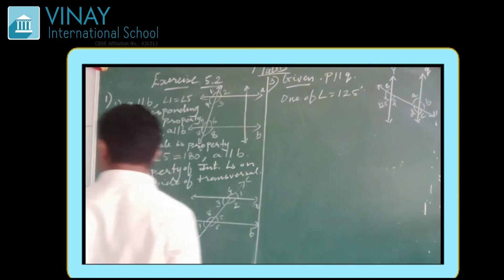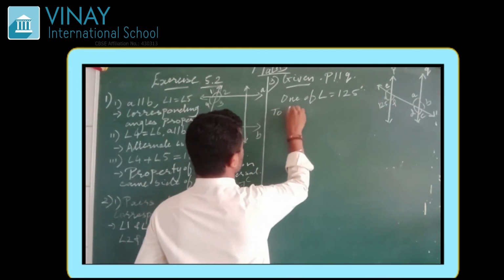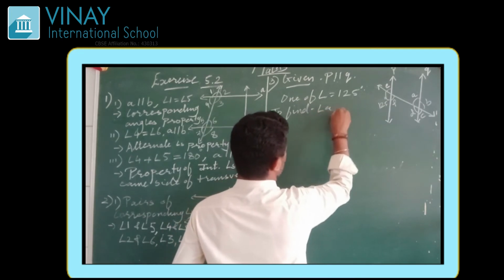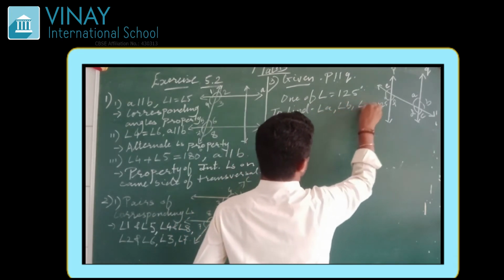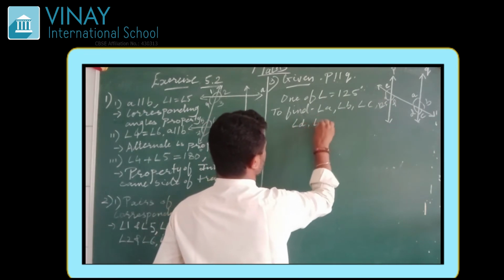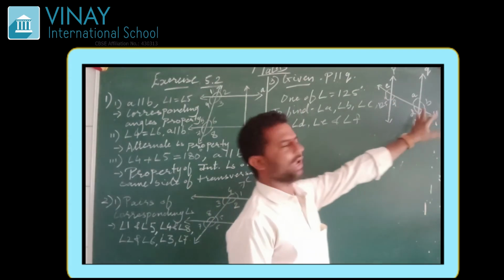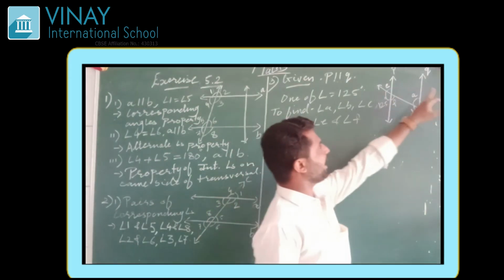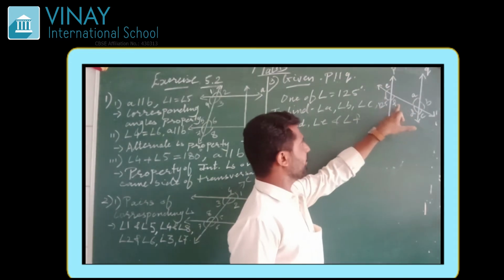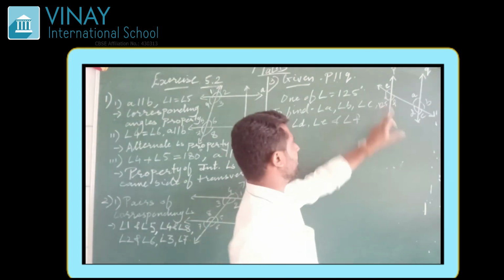What we have to find out is angle A, angle B, angle C, angle D, angle E and angle F. This angle is given as 125 degrees.